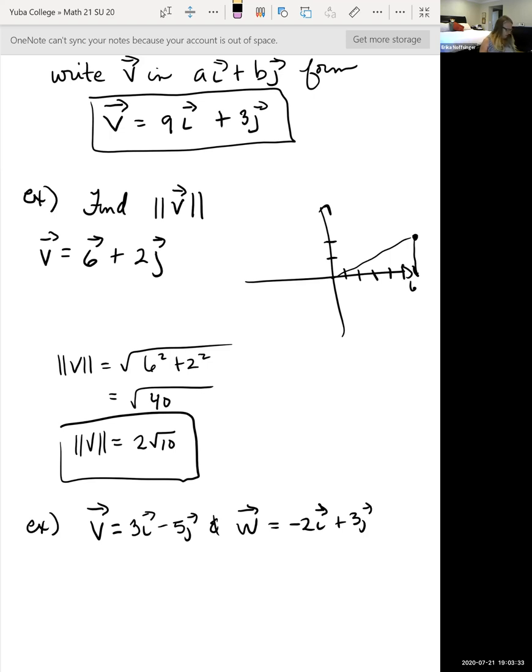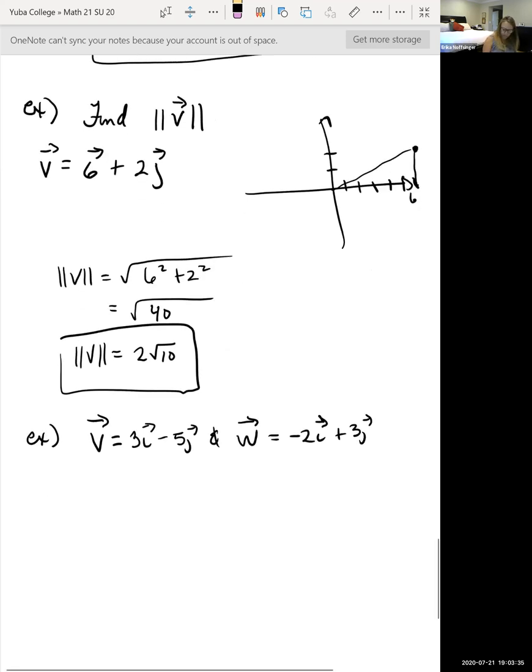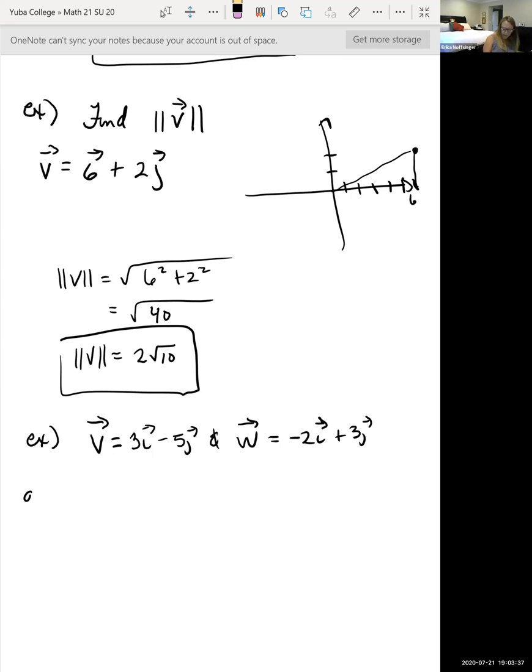Answer the following questions. So what is 3 times vector V minus 2 times vector W?